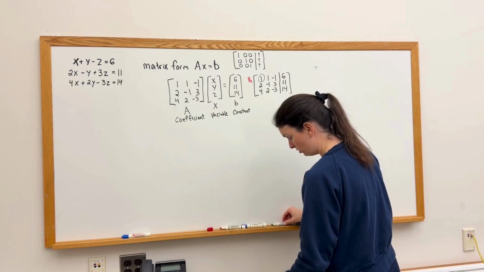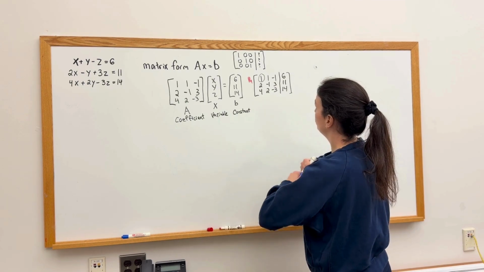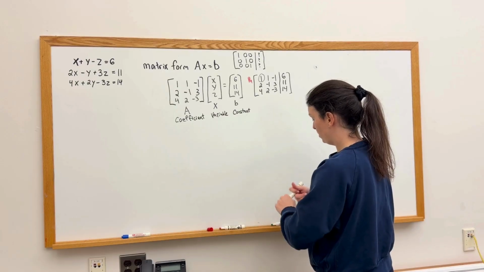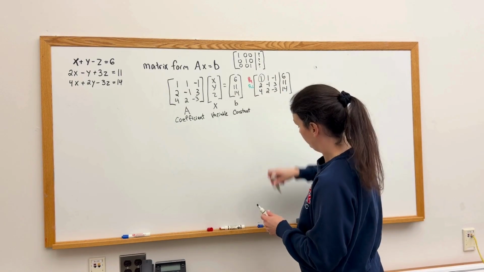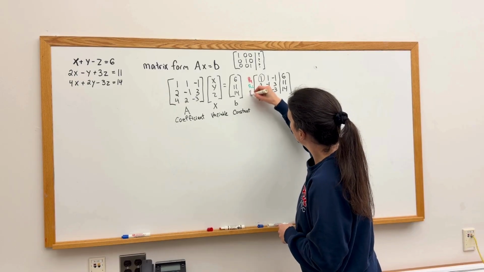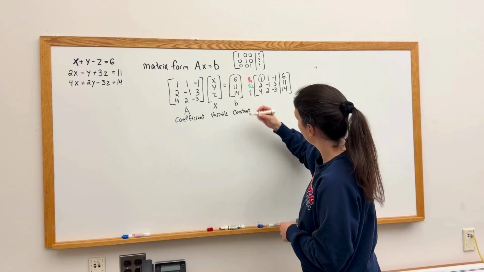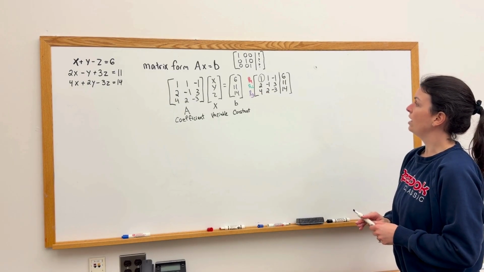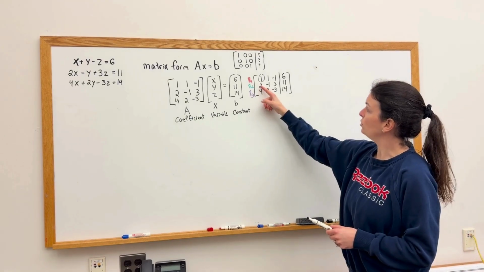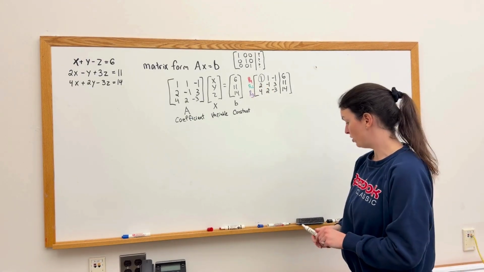Red, green, row 2, and then row 3. Oh, that's purple. A blue cat. Okay.